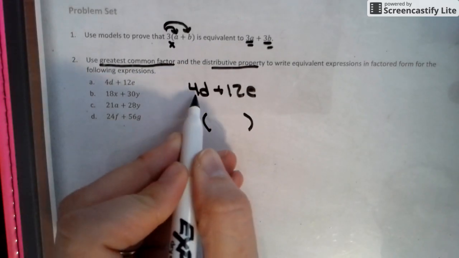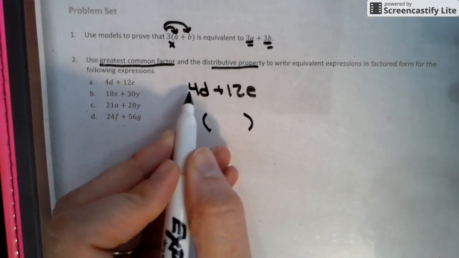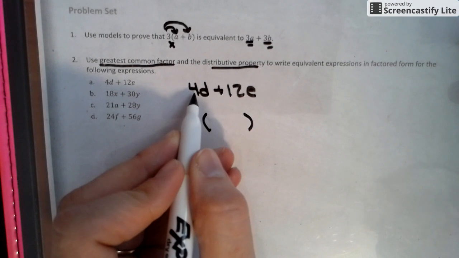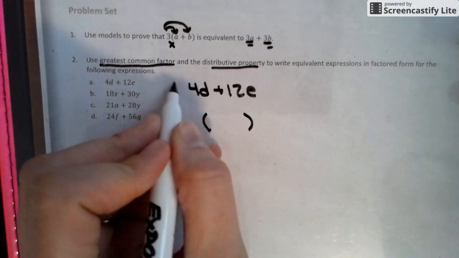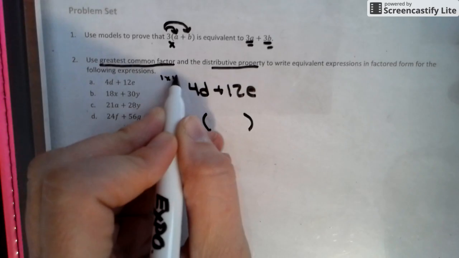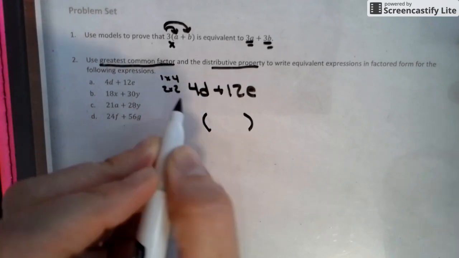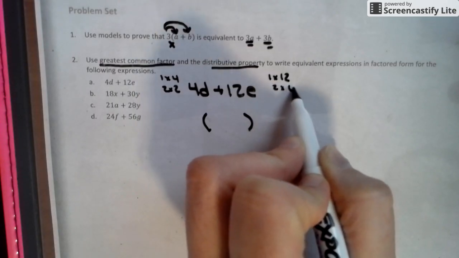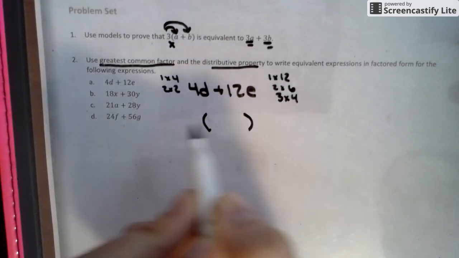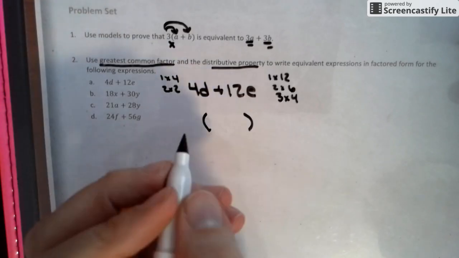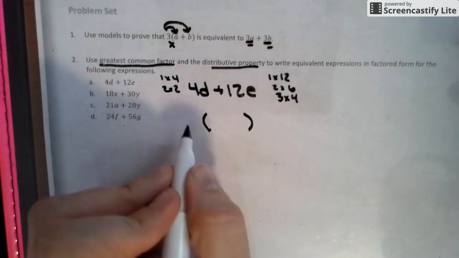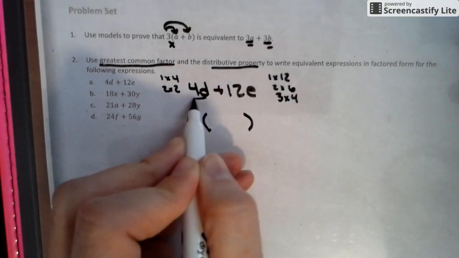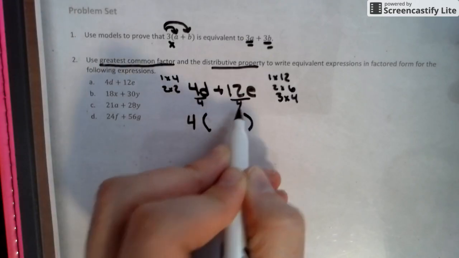So if we have a 1, a 2, and a 4 option here, you're kind of thinking 1 times 4, 2 times 2, and what makes 12 is 1 times 12, 2 times 6, 3 times 4. What's the biggest thing that they have that we wrote on the side? A 4. So we're going to take that 4 out, and that's like dividing each of these by 4.